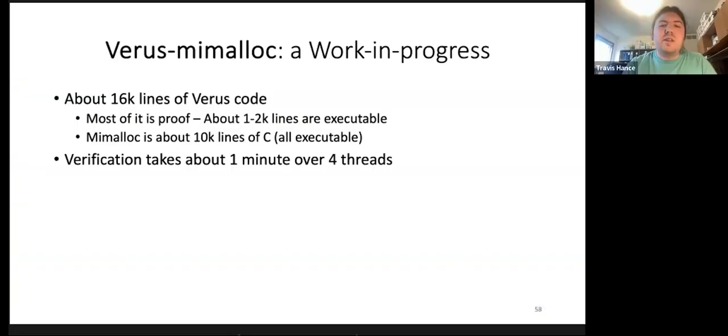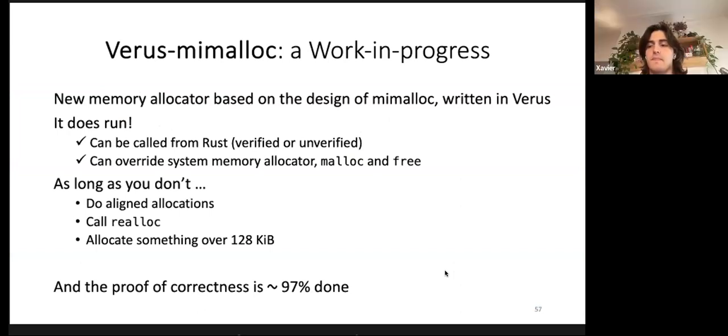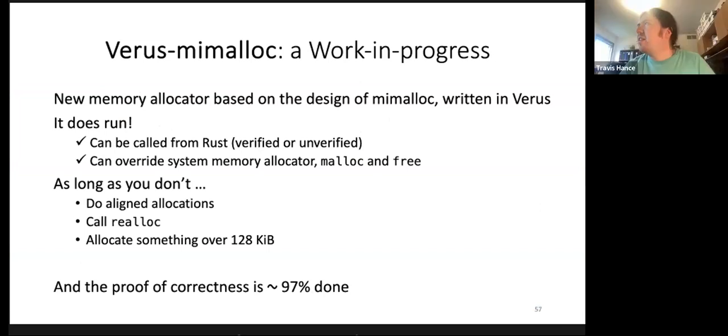No, actually, when I say the proof of correctness is almost done, that's referring to the parts that we do have implemented. There's one module that has all these computations; it's a computation that will map a given allocation size to the bin that it's in. So if the user requests 9 bytes, then we say, okay, we're going to give you a 12-byte allocation and go to the page that has the 12-byte allocations.